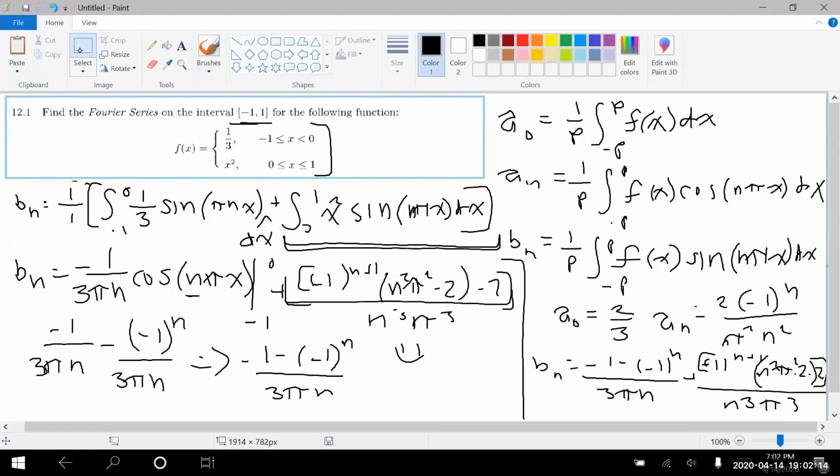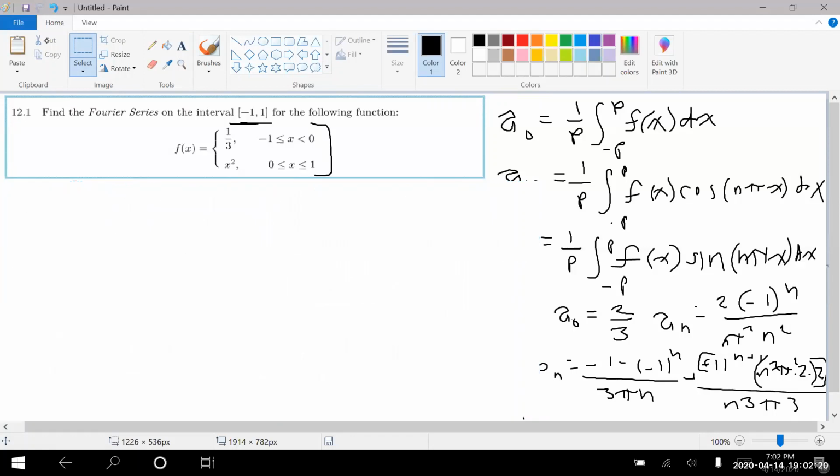Now I can get rid of all of this, and we can write out our full solution. All of this was to find a Fourier series representation of this piecewise function.